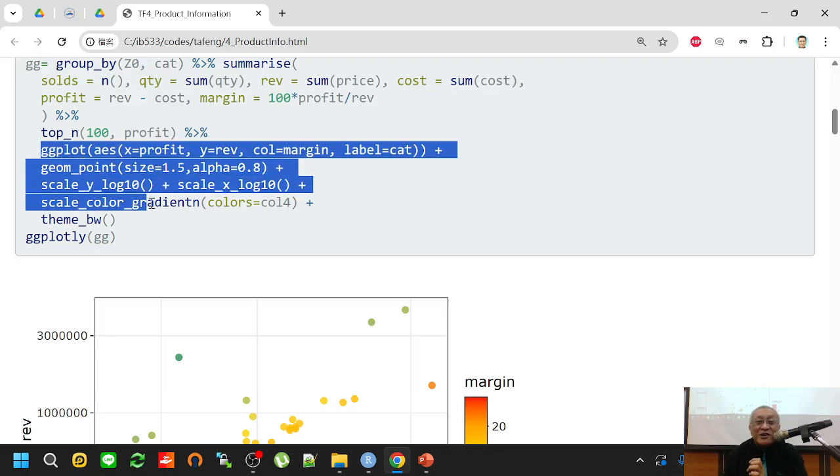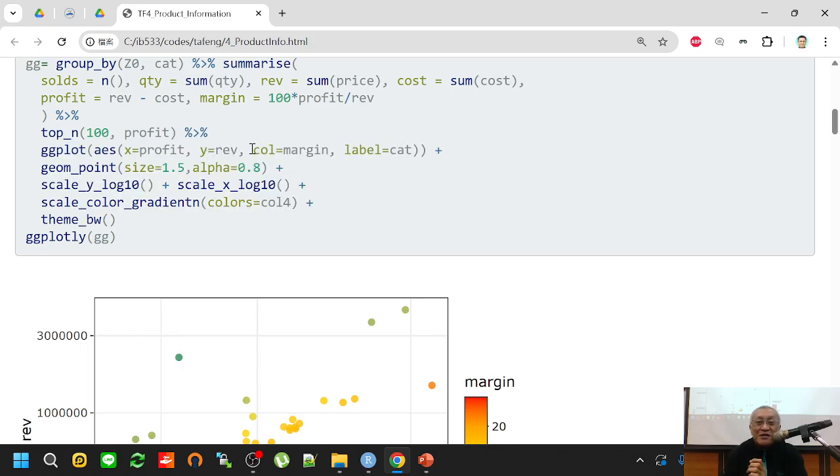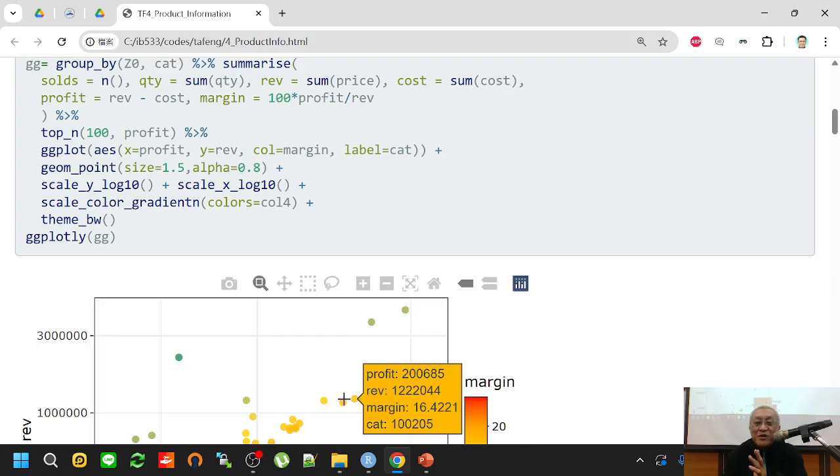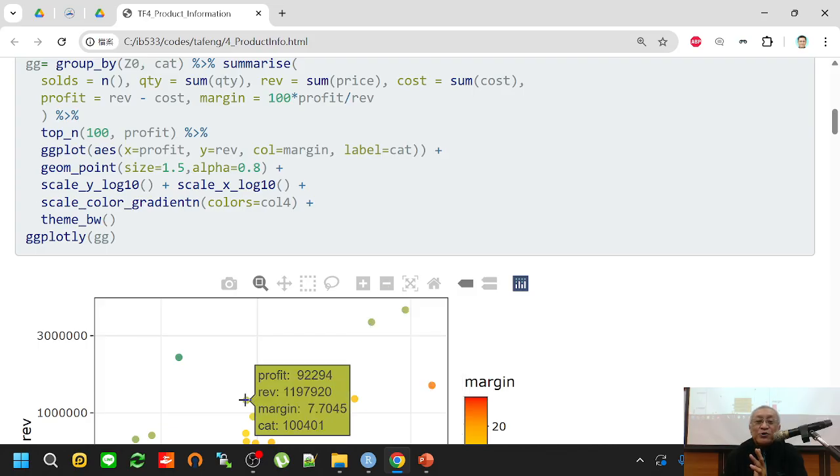And then we are doing this ggplot, right? Again, we use profit as the x coordinate, revenue as the y coordinate. We use margin as color, and we add a label for category so that when we point to the category, we can see its category name.